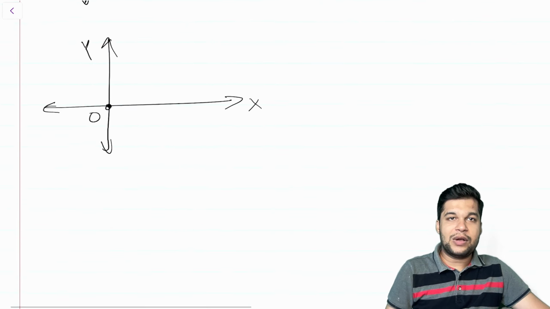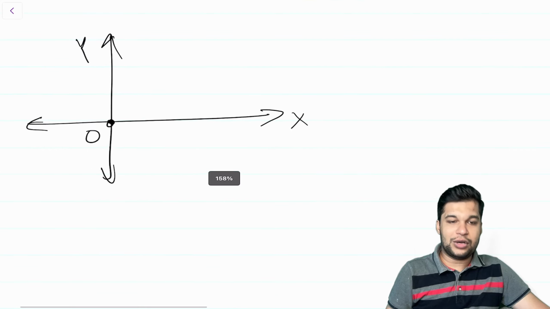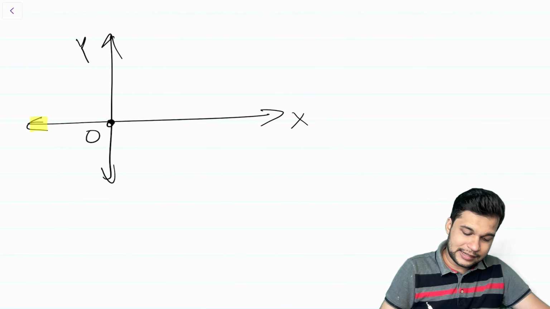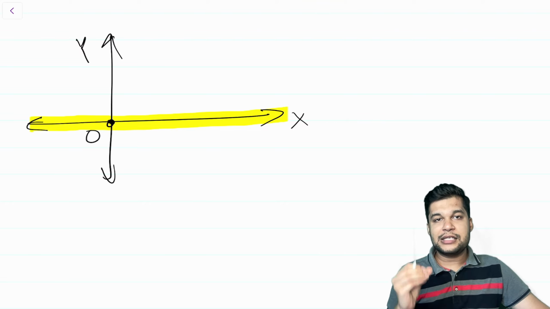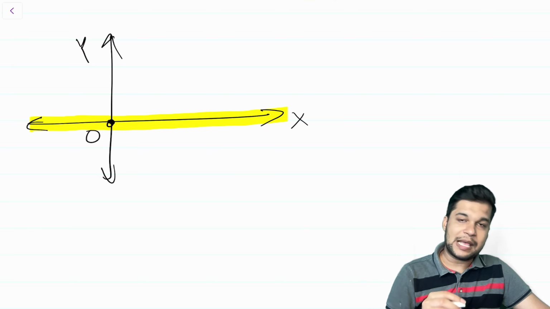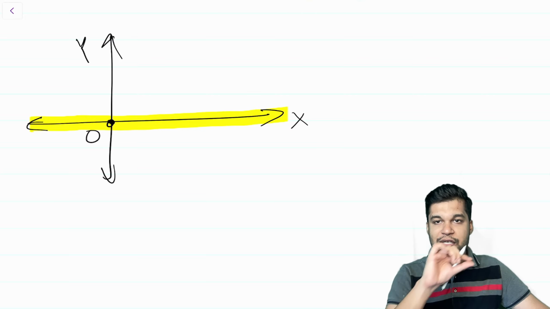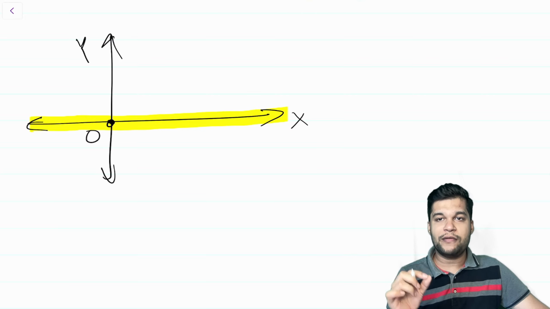Now guys, if you talk about the x-axis, you must know that the slope of any horizontal line is 0, right? For example, the x-axis is a horizontal line, so its slope is 0.